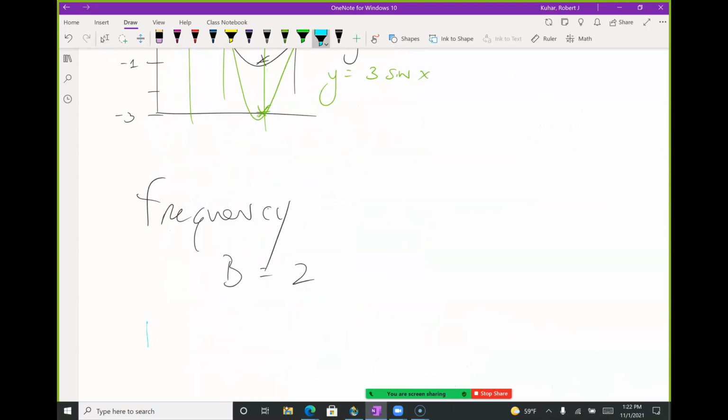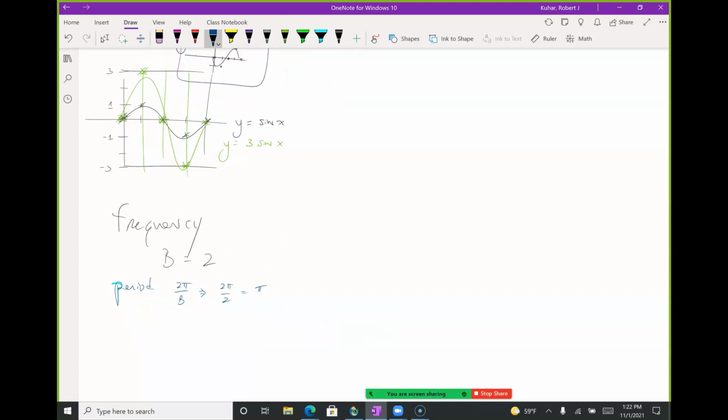And so then that means I know the period is 2 pi over B. And in this case, that's 2 pi over 2, which is pi. So I'm doing everything, the whole curve, from 0 to pi, not 0 to 2 pi anymore, right?